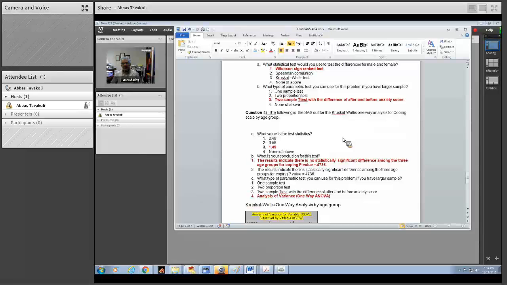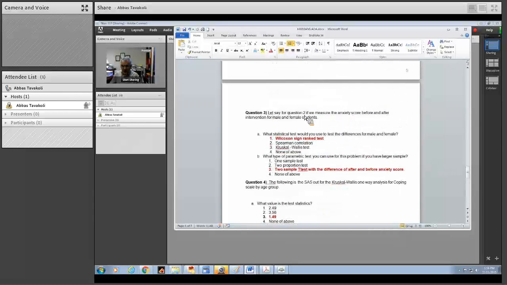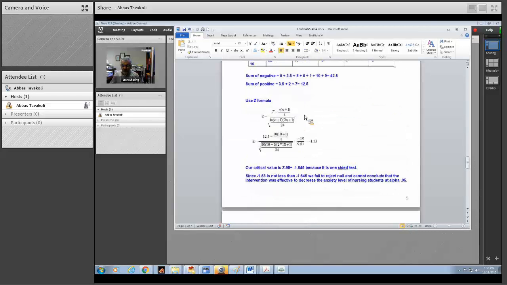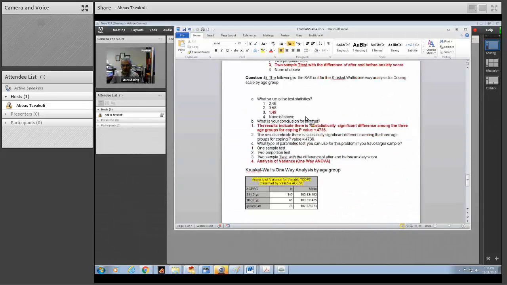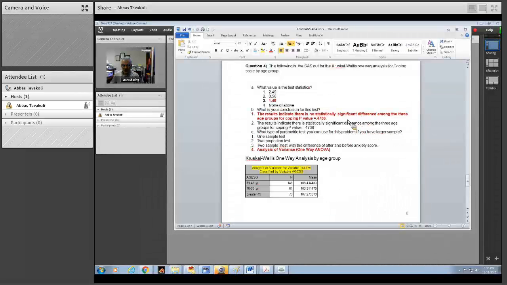So you take the difference for males and for females, and you do the two sample t-test. So when you have males before and after and females before and after, you take the difference for males and females and then do the two sample t-test.